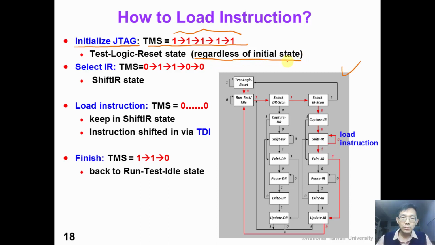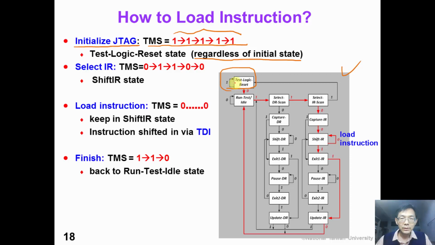This is a very smart design to reset the JTAG logic without an extra pin. So, no matter where we are initially in this finite state machine, we are guaranteed to be reset to the test logic reset state. You are welcome to check if this is correct or not.